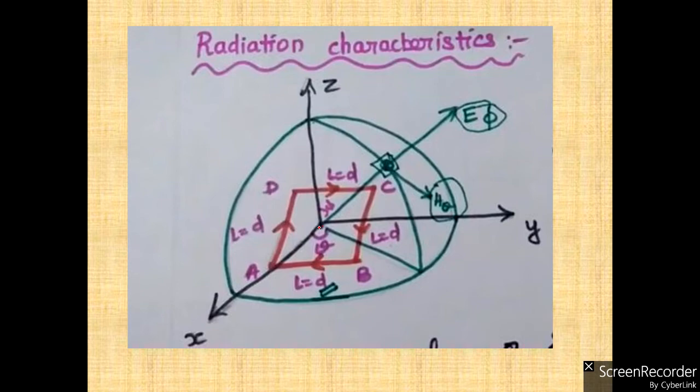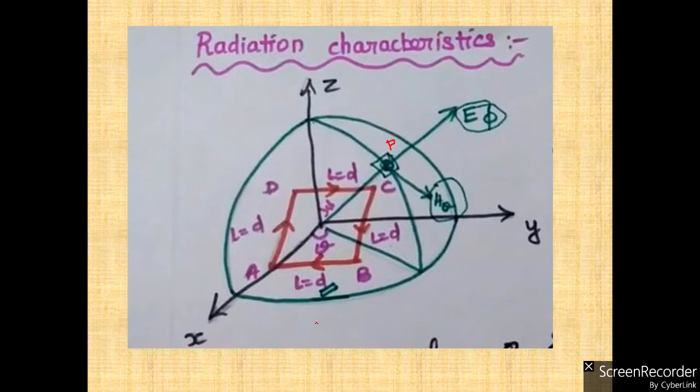And then after this, we go with the spherical coordinate system, that is we have r, theta, phi dimensions. Now we consider a particular point P, where that point P is the point of observation of the fields.